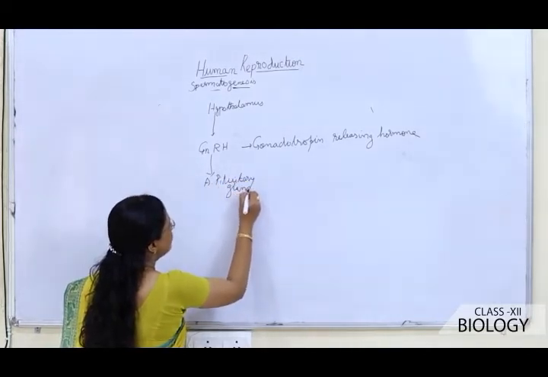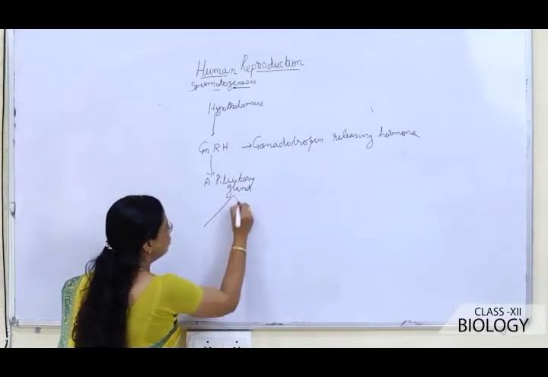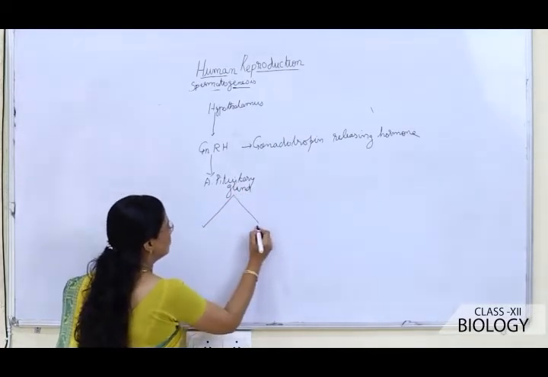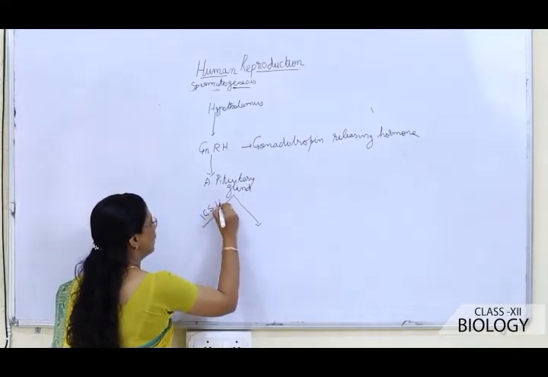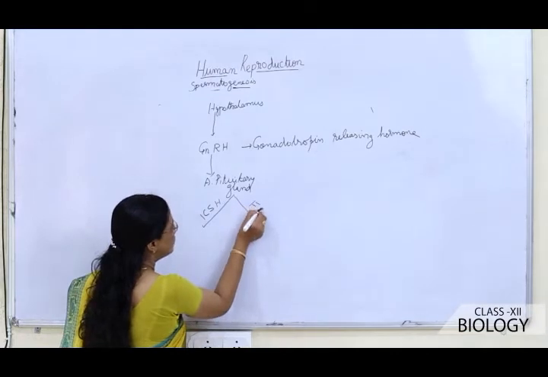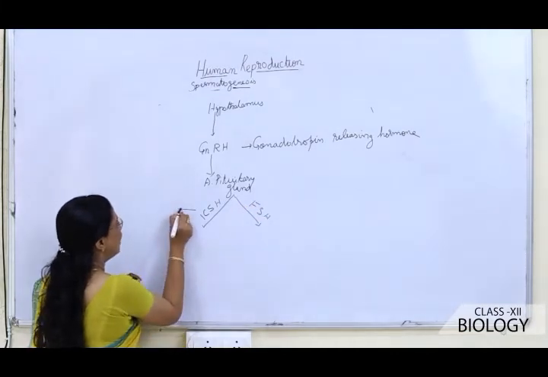This anterior pituitary gland secretes two hormones, that is ICSH and FSH. What is the full form of ICSH?